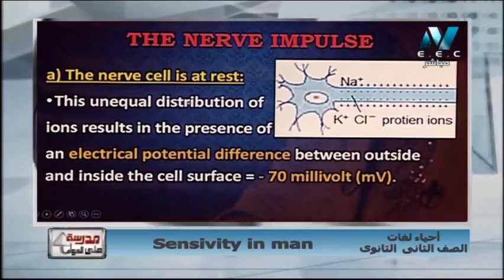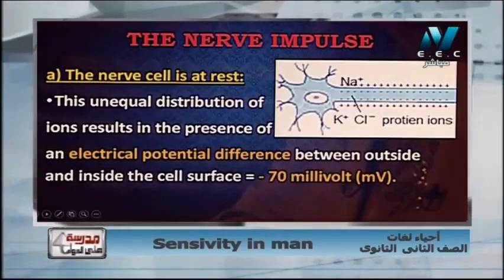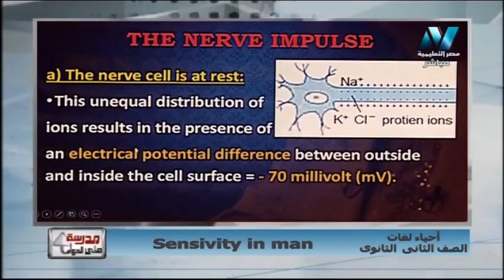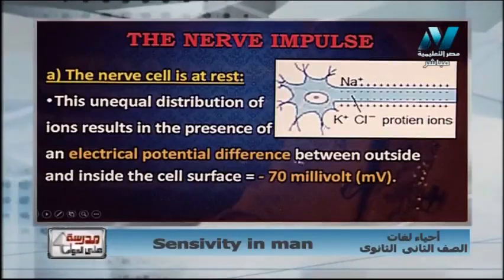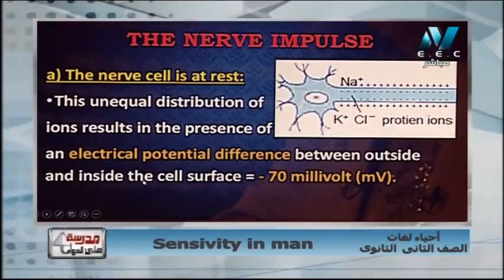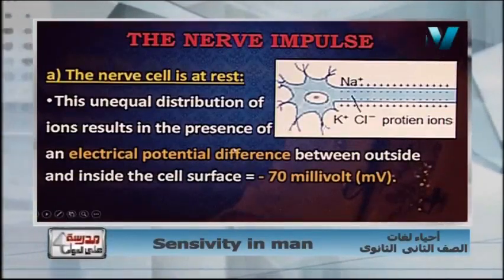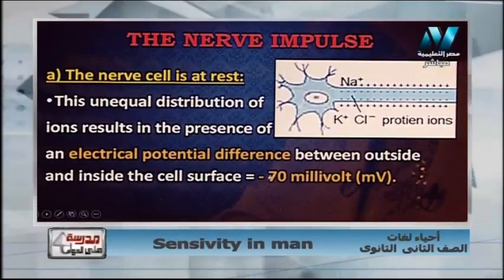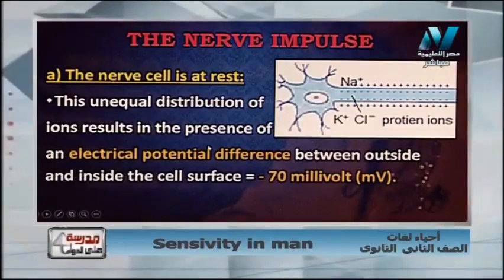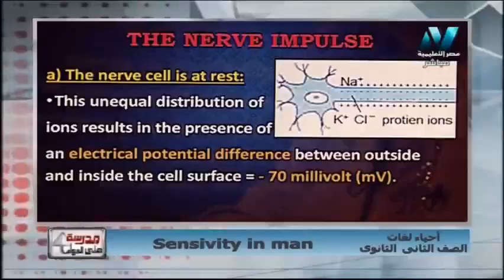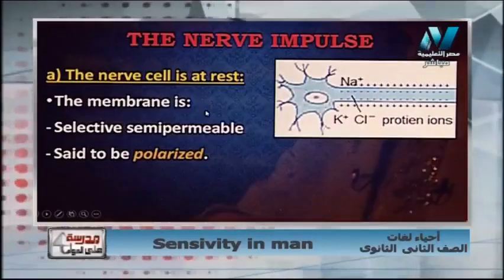This unequal distribution of ions results in an electrical potential difference between the outside of the cell and the inside of the cell, the neuron. And this equals negative 70 millivolts. So like a pool, we have two pools, positive and negative, and the difference between them equals negative 70 millivolts.